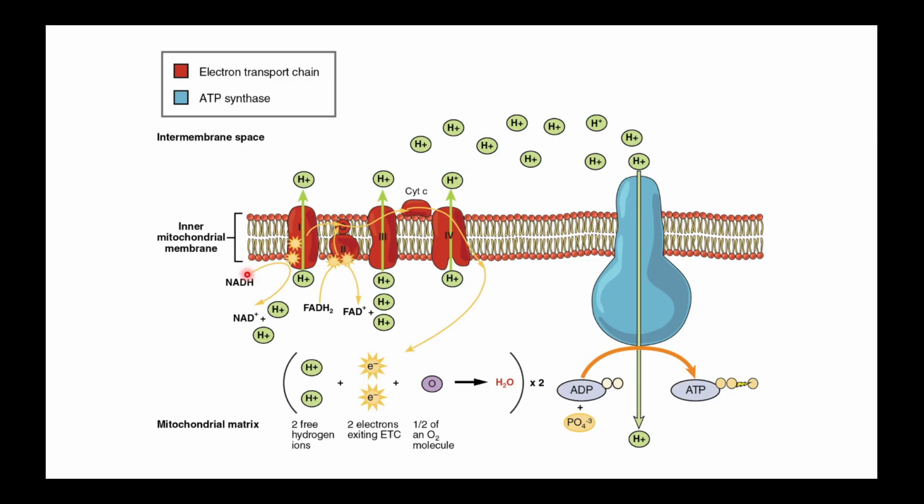NADH dehydrogenase accepts electrons from NADH and transfers them to coenzyme Q. Succinate dehydrogenase accepts electrons from FADH2. Succinate gives the electron to FADH2, FADH2 gives the electron to the enzyme succinate dehydrogenase, and then the electron is transferred to coenzyme Q. From coenzyme Q, the pathway I have already explained.